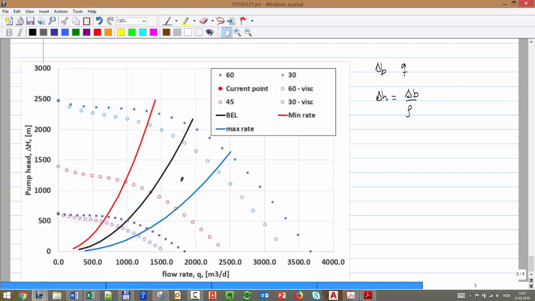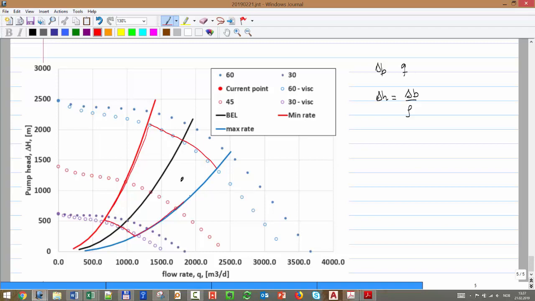Some viscosity is reduced, and again the same thing for maximum frequency, medium frequency 45, and lower frequency 30. So if you're looking at this viscous fluid, the operational map will be this one.